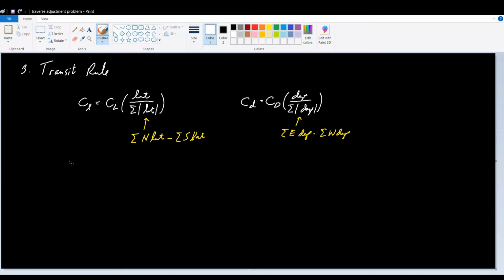So C sub L refers to the latitude correction of any course. C sub L is the missed closure in latitude.